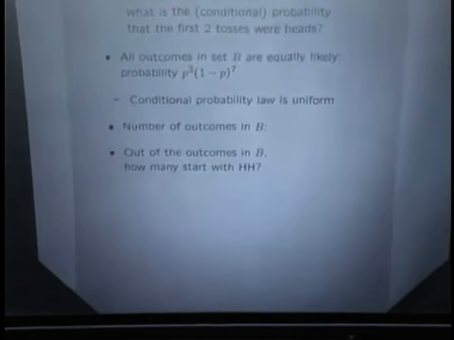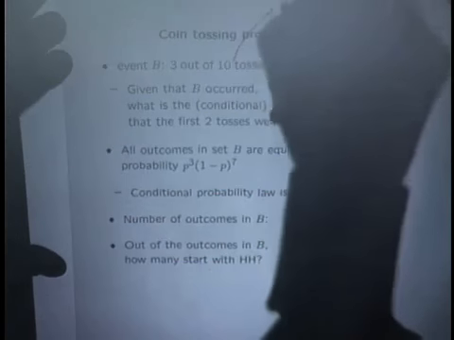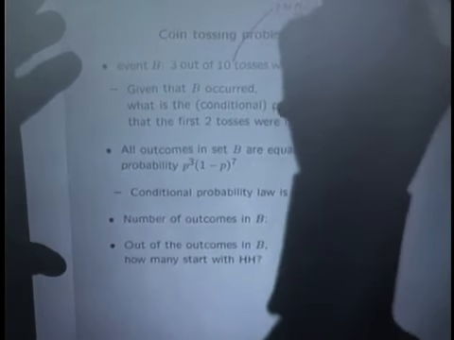So now, armed with the binomial probabilities, we can do the harder problems. Let's take the same experiment again. We flip a coin independently 10 times. These 10 tosses are independent.